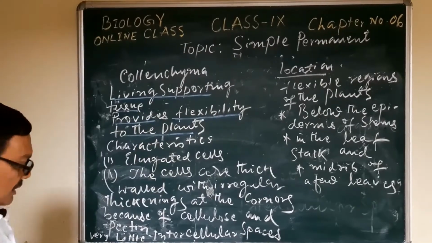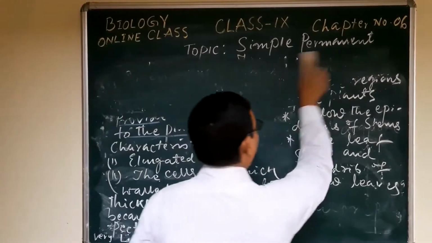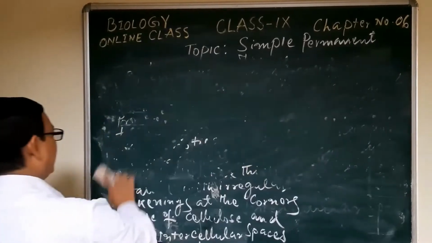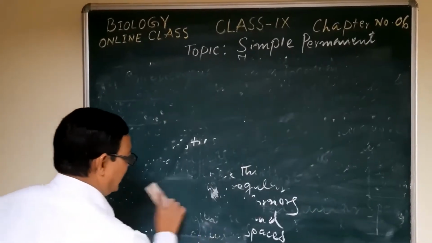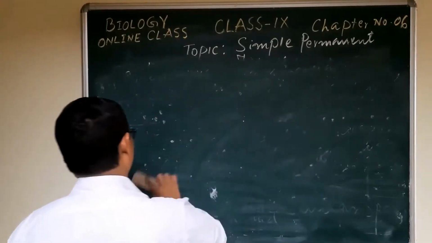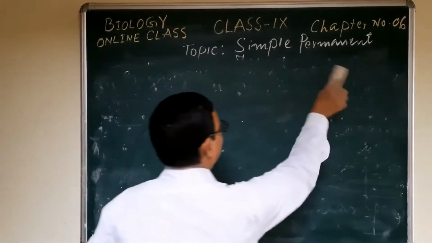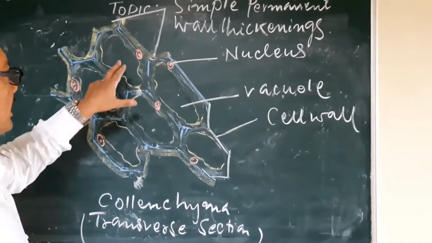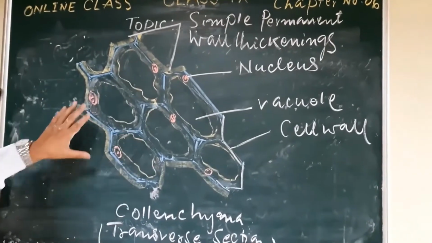Now the third important part is Sclerenchyma tissue. Before that, we again draw a diagram of the Collenchyma tissue. Here is a diagram of Collenchyma tissue.